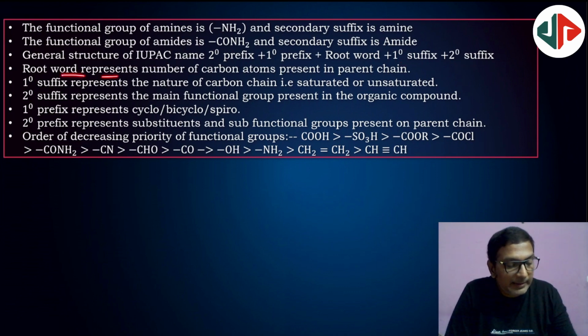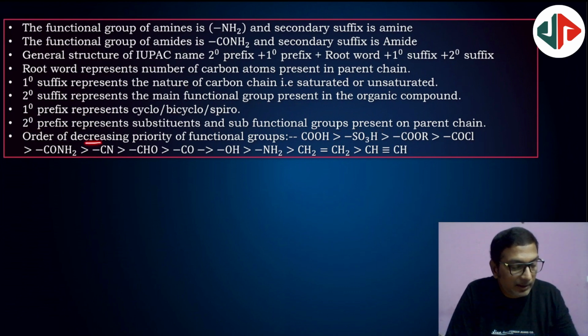The root word indicates the total number of carbon atoms in the longest possible chain, which is known as the parent chain. Primary suffix represents saturation or unsaturation. Secondary suffix indicates the main functional group. Next, primary prefix indicates cyclo or bicyclo or spiro in case of cyclic compounds. Secondary prefix represents the nature of substituents.